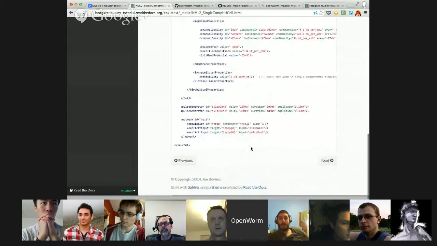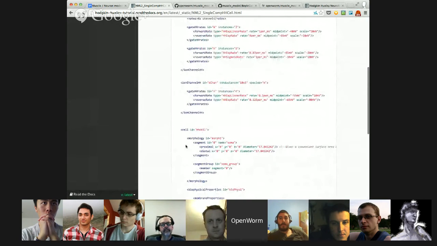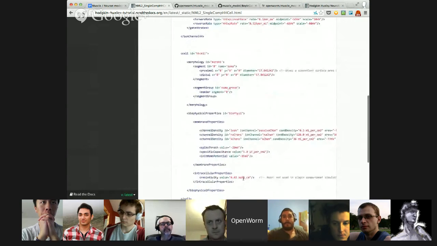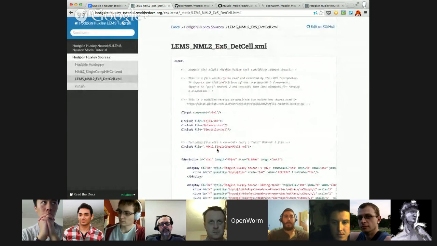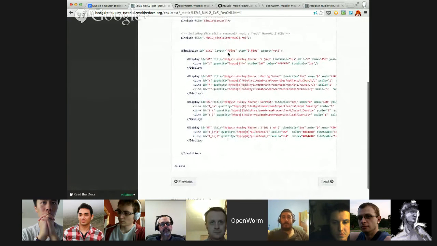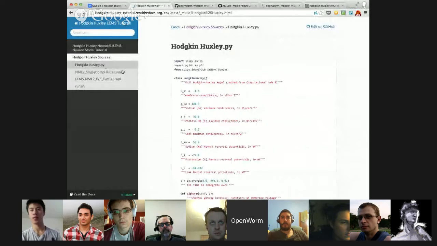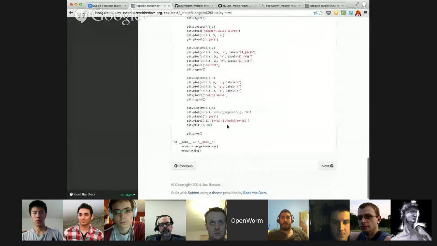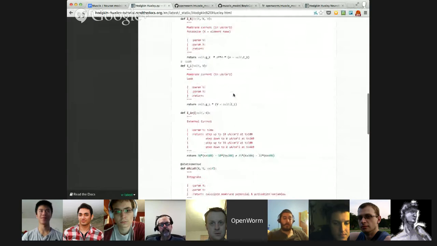It has the rates, what ion channels should be in there, the size and shape of the cell, properties of the membrane, etc. This XML file talks about how long to run the simulation for, what step size to use, and what graphs come out. Whereas in the Hodgkin-Huxley.py, all this stuff, what you plot out and so on, is in the same script file. Right.